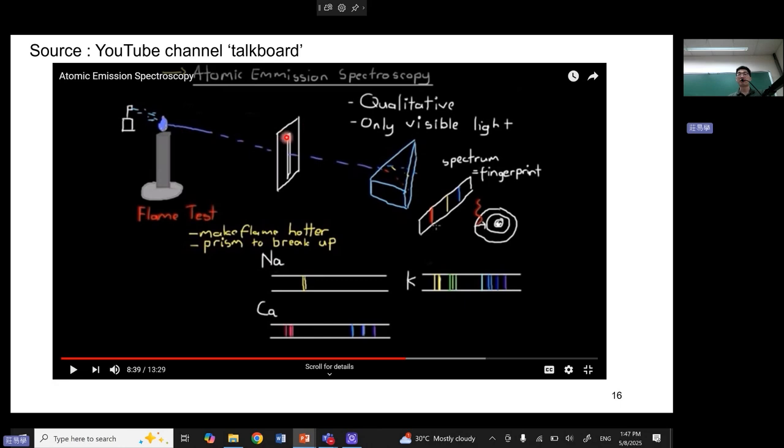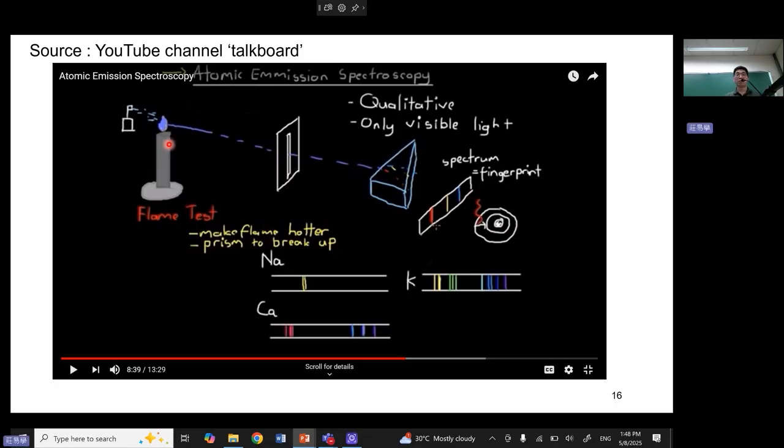And here you have a slit. A slit is like a narrow channel for the light to pass through. So when you spray the solution containing the target element of interest, you will see an emission spectrum.